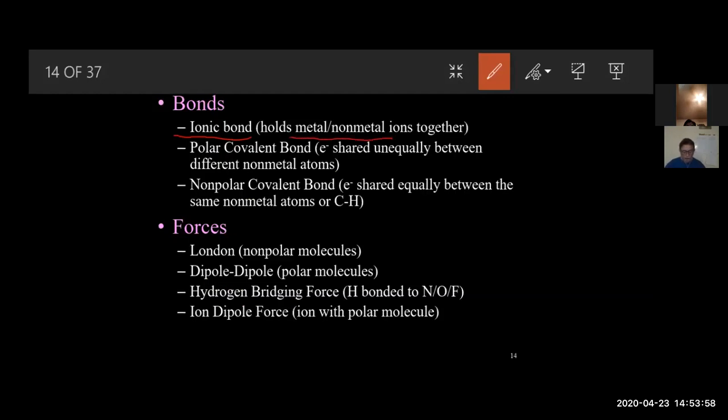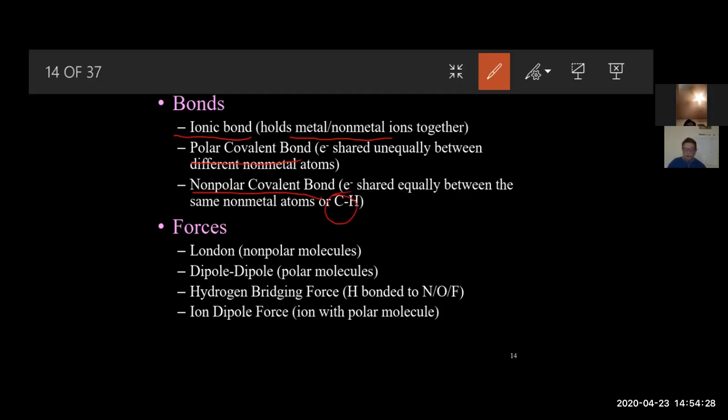Then we have polar covalent bonds, that is a combination of two nonmetals, and they're polar because two different nonmetals. They're polar because one of the atoms has a higher electronegativity, creating a dipole in that bond. And then we have the non-polar covalent bonds, such like the diatomic molecules and carbon-hydrogen, okay, non-polar.